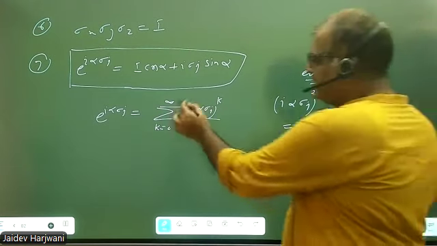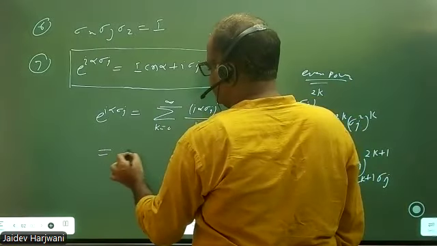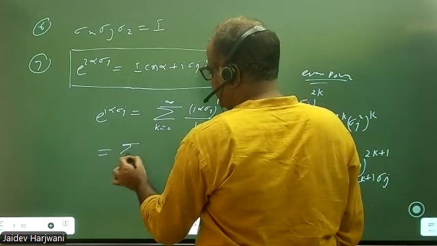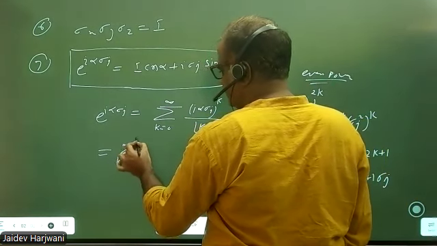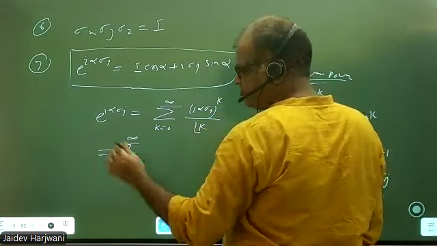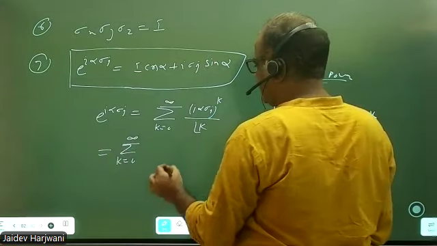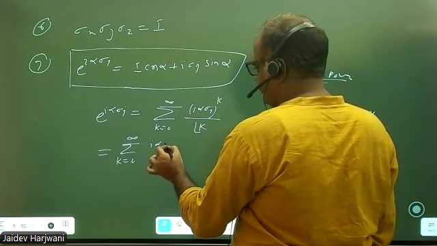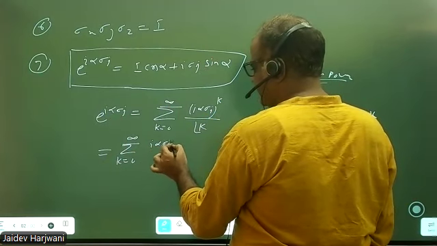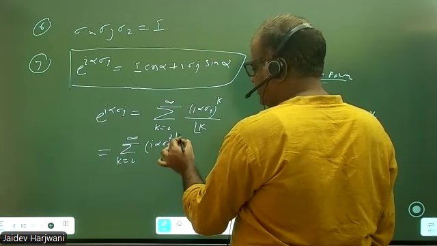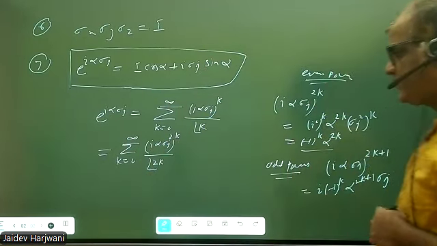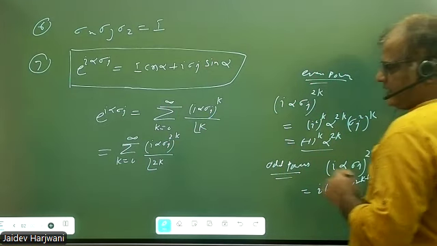So now I can break this summation in two parts, even power and odd power. So I can write k equals 0 to infinity, since k equals 0, 1, 2, 3, and now I'm breaking the powers. So this becomes (iα σ_j) power 2k upon factorial 2k, summation.